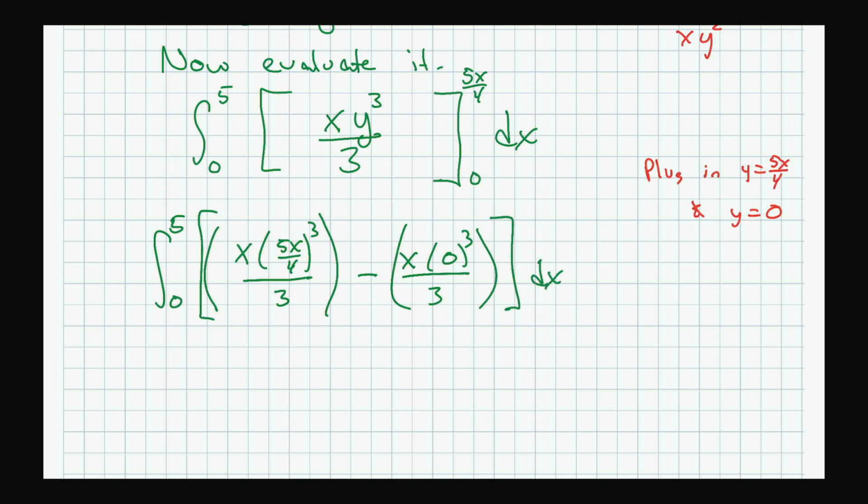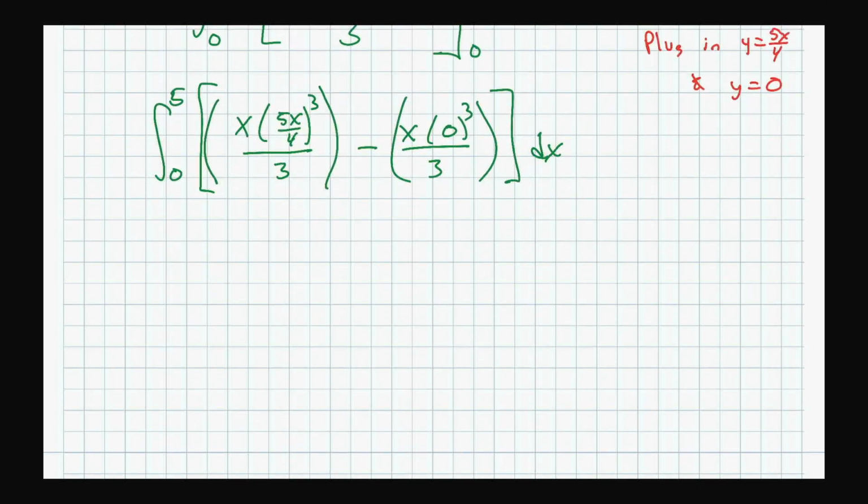And then we're going to do an x integral. So you work this out. Of course, there's not that much to work out here. The only things you really can do is you've got this 5 to the third power. 5 times 5 times 5 is 125. In the denominator, you've got 4 to the third power, which is 64, but then another 3 there.